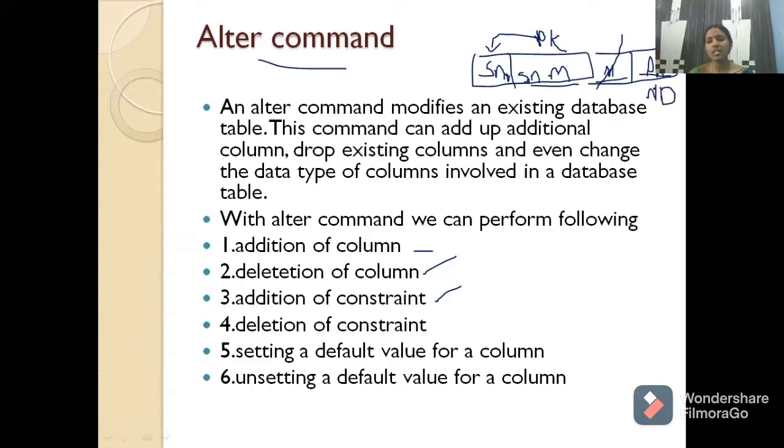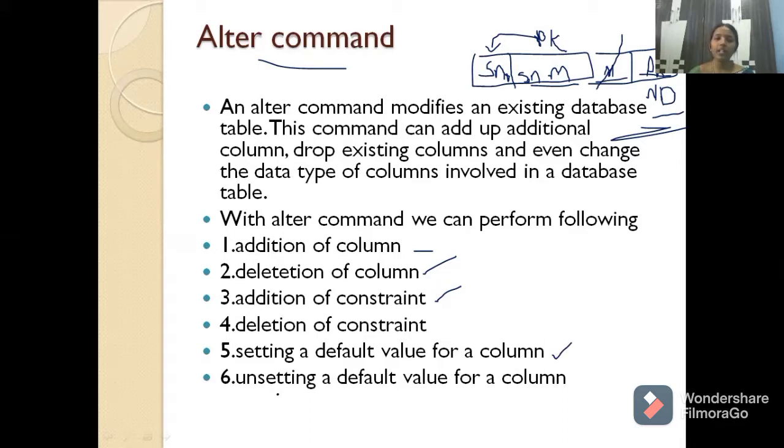If somebody enters a number, they'll get the number here. If they don't have a number, I should get "no" as the default value. That you can set for a column after creating a table.